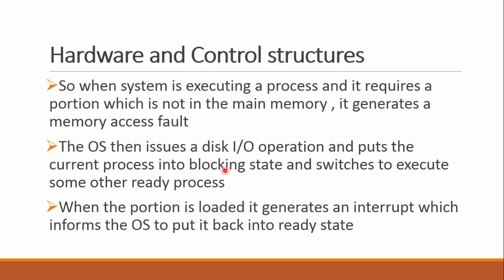When this happens, the OS issues an IO interrupt, issues an IO operation, and puts the current executing process in the blocking state. It moves on to some other process, and the issued IO fetches the required memory portion into the main memory, which can be dealt with later as per the scheme employed by the OS.